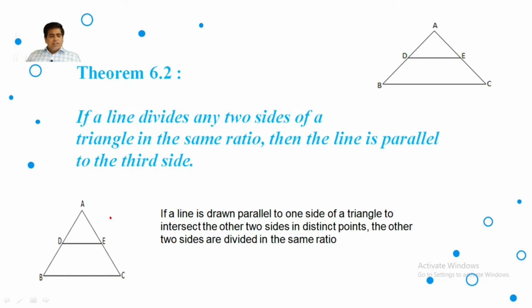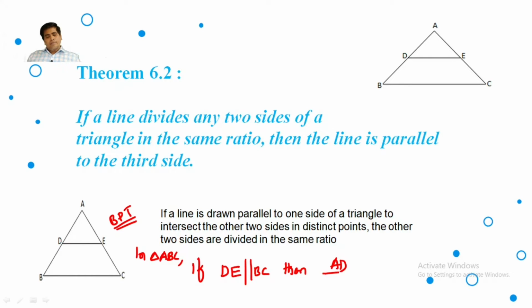So this is the BPT theorem. What does the BPT theorem state here? In a triangle ABC, if DE is parallel to BC, then AD by DB is equal to AE by EC.